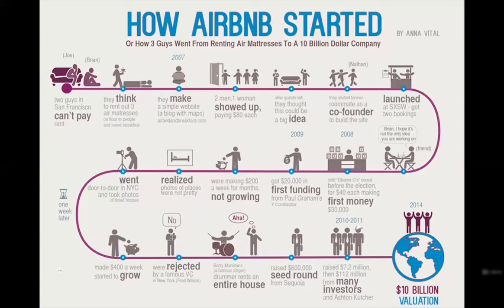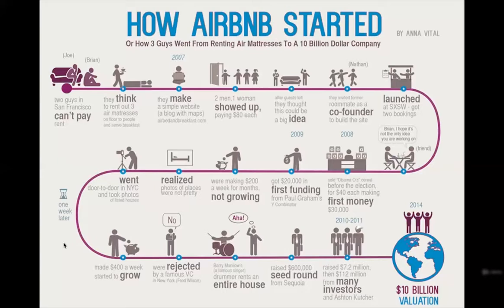They approached a lot of VCs, venture capitalists, the investors who would put millions and millions of dollars behind your idea and then make money out of that. They were rejected by a VC in New York, Fred Wilson.